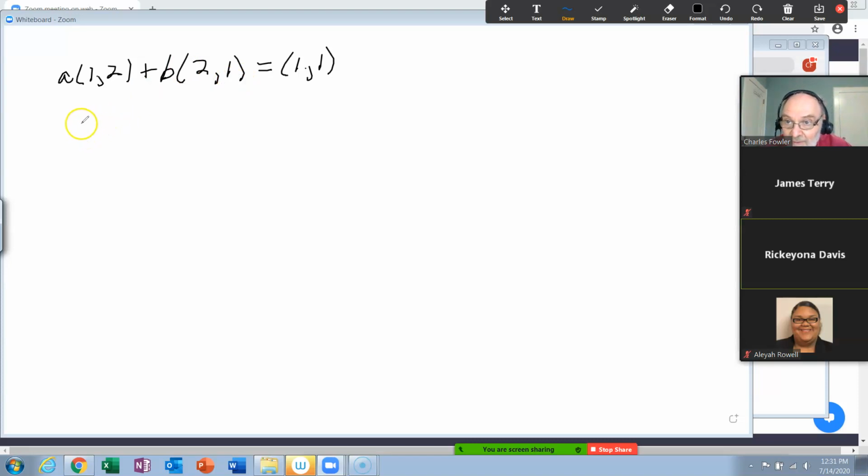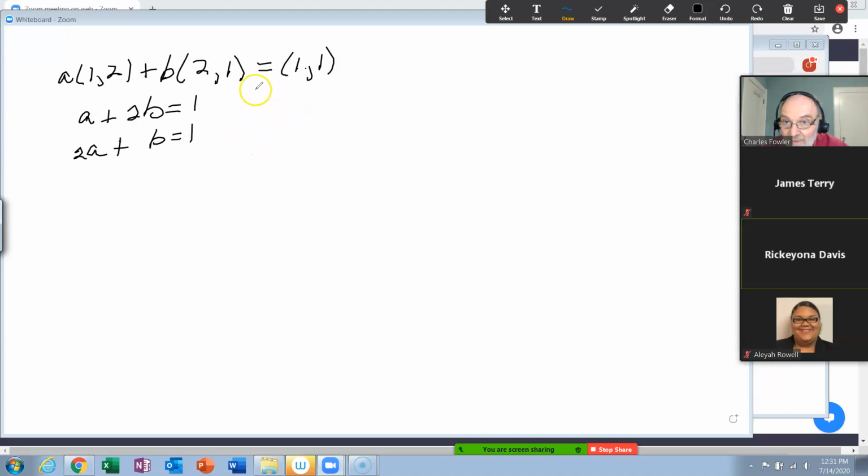So that would be, if you multiplied these out, you'd have A plus 2B is equal to 1, and 2A plus B is equal to 1. Okay?